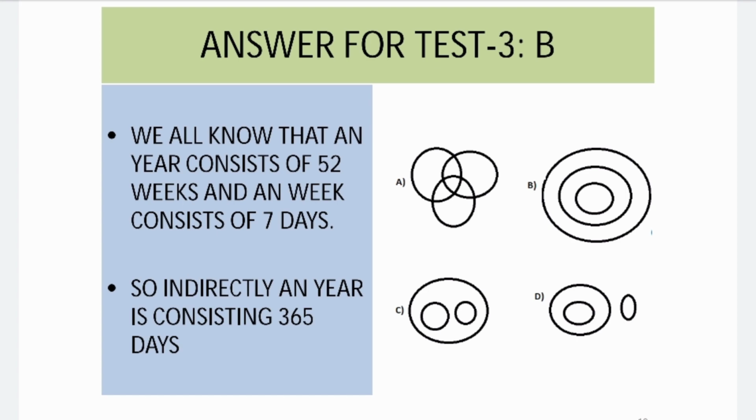So you have to take 3 concentric circles for this diagram. As I am showing, the answer is B, which is one circle, which is a larger circle, represents year, and the shorter one than the year represents week, and the shorter one than week represents day.